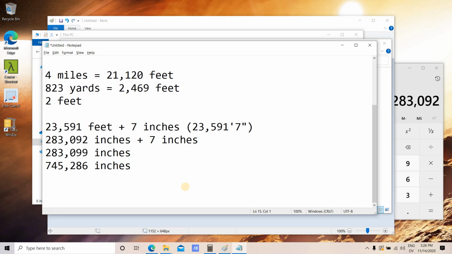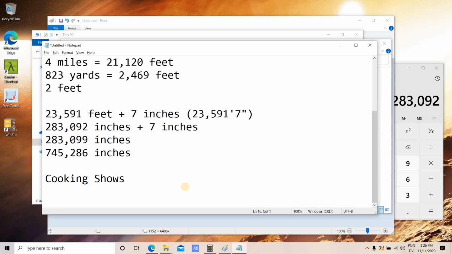So what you write in your computer, like "cooking shows," on your actual storage is written as something like that. Obviously I have no idea if that's actually what it is, but this is the basic idea.